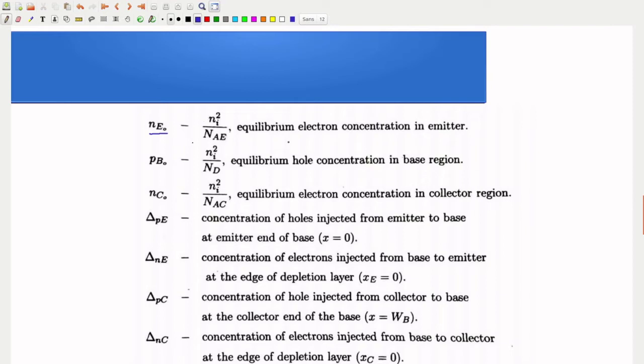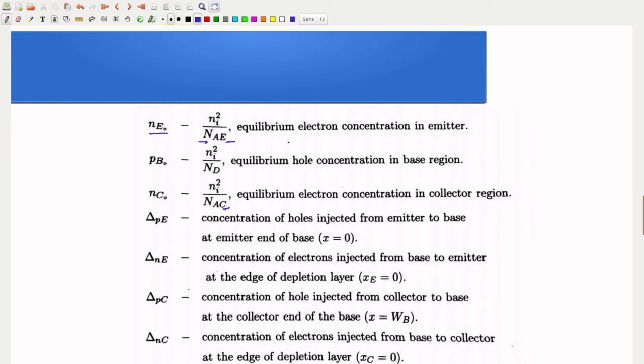NAE is the number of acceptor impurities in the emitter. Earlier in the PN junction we were just using Na. Here we are using NAE as notation because there is a difference in doping for emitter and collector.